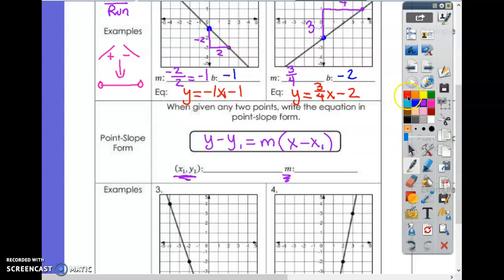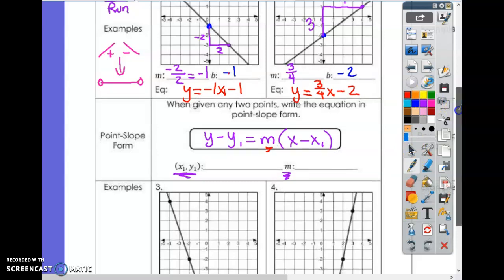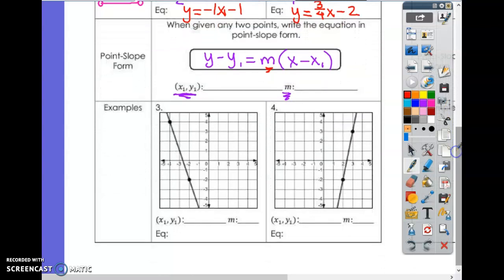So now the slope is on the outside of the parentheses. Okay? So x1, y1 is a point, and m is your slope, which equals the rise over run.